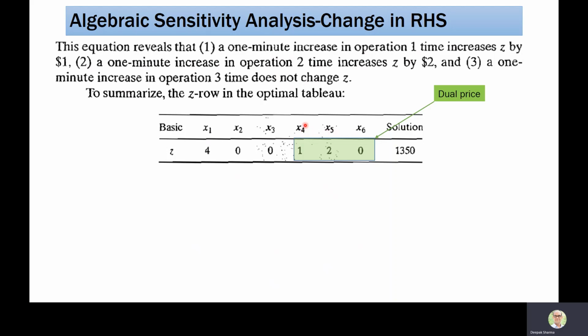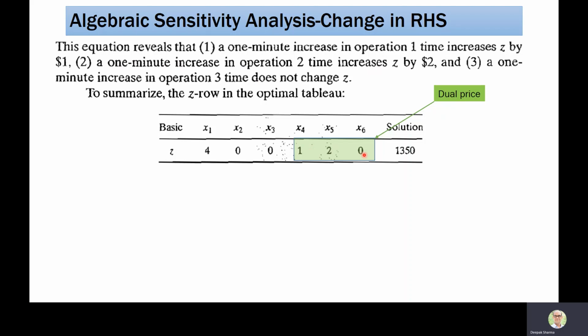We understood the significance of the slack variable: a reduction of one in a slack variable is actually increasing 1 minute for operation 1, similarly operation 2, and similarly operation 3. Now look at the coefficients 1, 2, 0. As we have read in these three lines, these $1, $2, and 0 are nothing but the dual prices for operation 1, operation 2, and operation 3. We can find them from these coefficients.